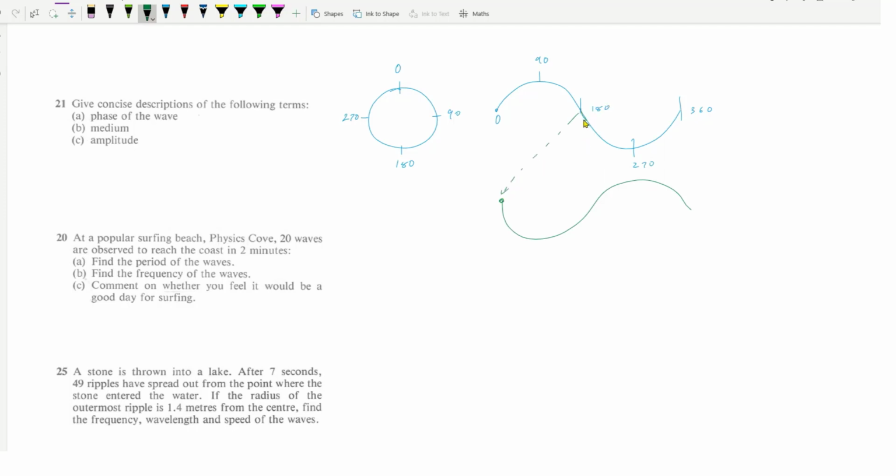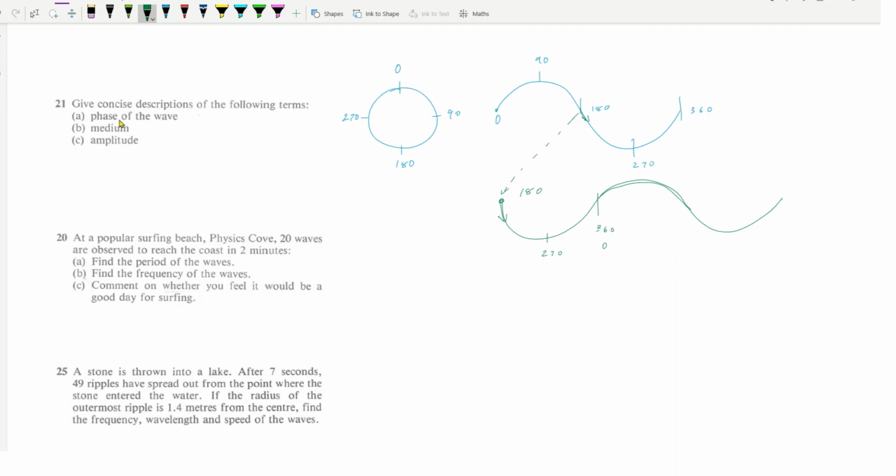See how it's going down? So this is starting at 180, 270, and then it would go back to the middle point, which would be 360, or starting again at 0, and that would be the next sine wave, just like we've got over here. So that's when we say that this is 180 degrees out of phase.